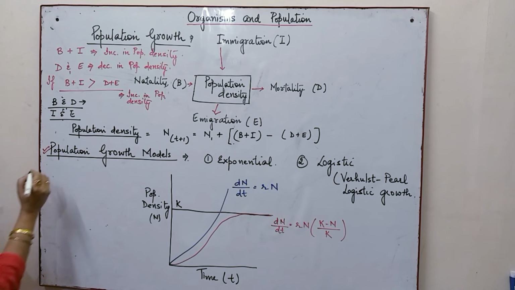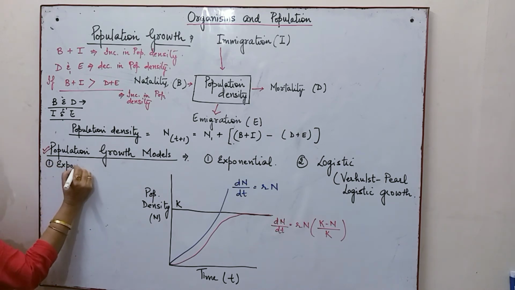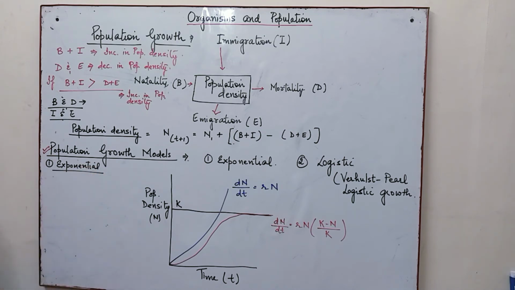When we talk of exponential growth, it actually takes place when the population has an unlimited supply of resources.